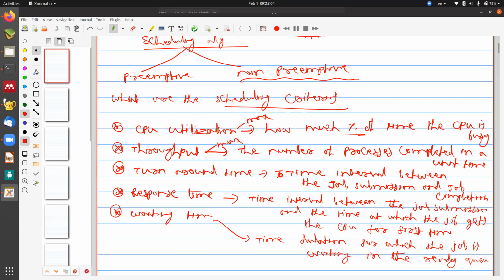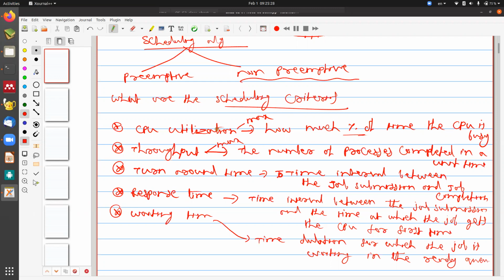First one, I told how much percentage of time the CPU is busy. In our machine, I've shown only 30% CPU utilization is done, or 20%, which means it is too less. My CPU is capable of using up to 100%, but I can only use up to 20%. It may happen that I don't have a lot of jobs, that's okay.